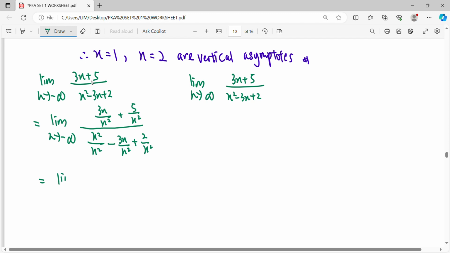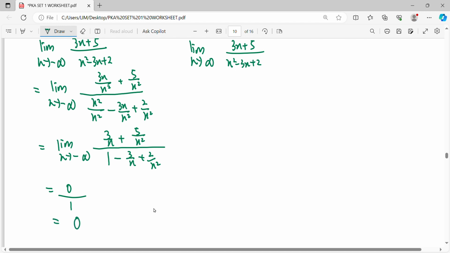Once we simplify, we can start to evaluate this limit. Substitute infinity, so 3 over infinity is 0, 5 over infinity is also 0, over 1. And 3 over infinity is 0, 2 over infinity squared is also 0, so 0 over 1, the answer is 0.